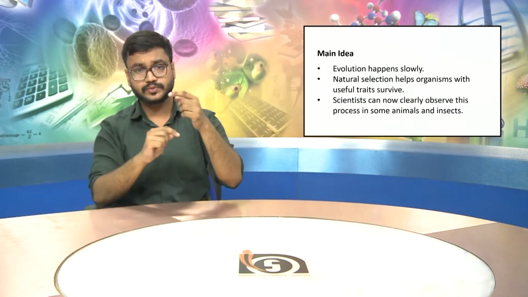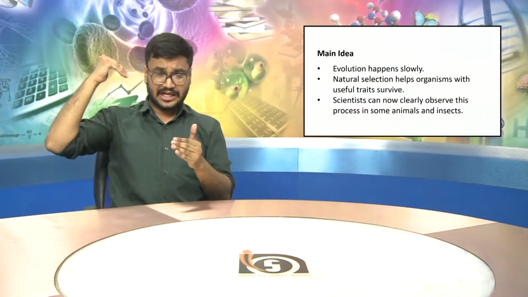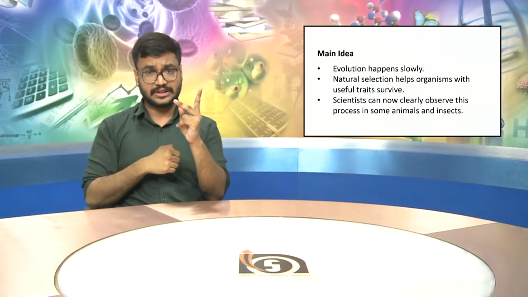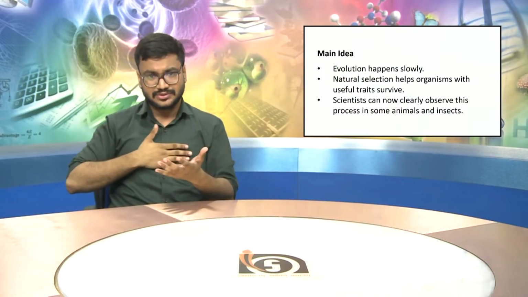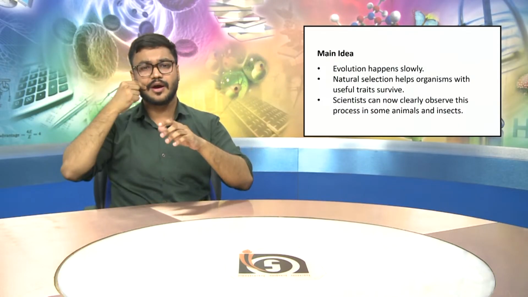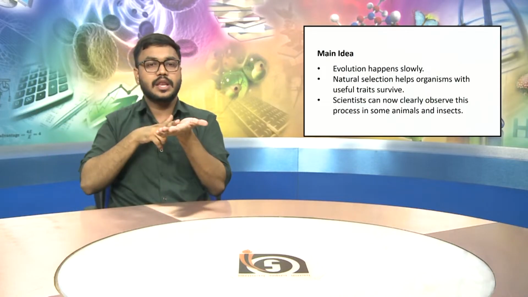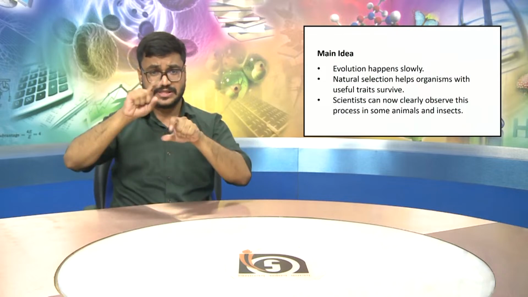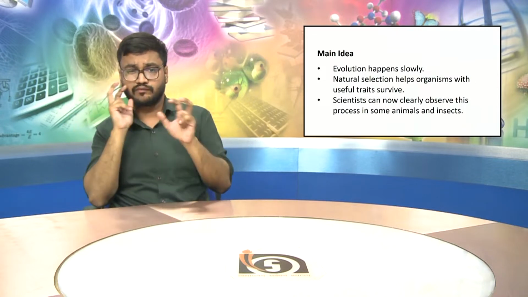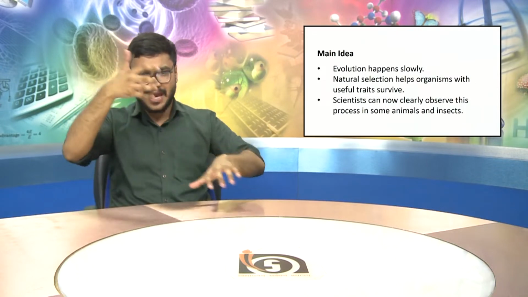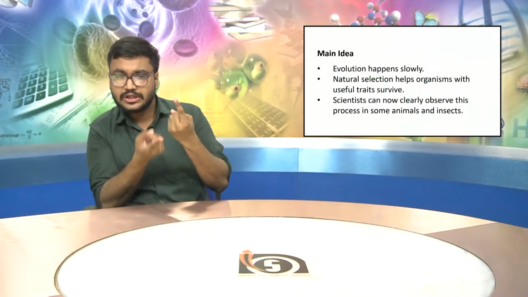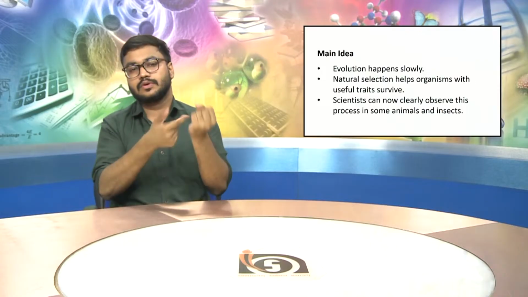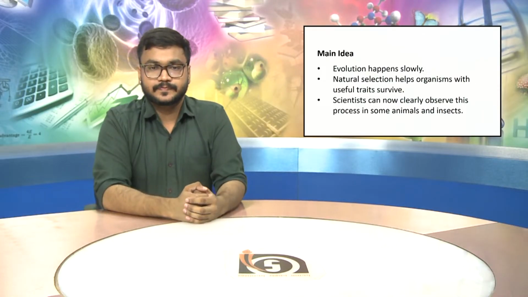The main idea of this theory is that evolution happens slowly. Natural selection helps organisms with useful traits survive. And also scientists can now clearly observe this process in some animals and insects.